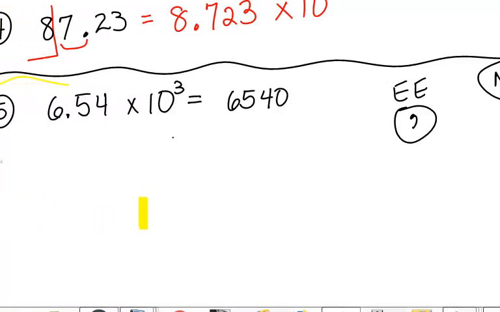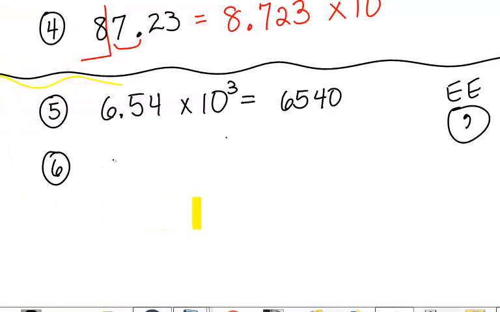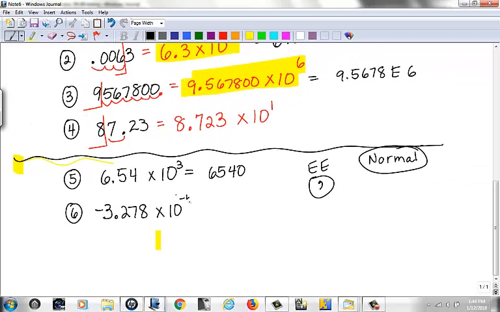So let's do another one. Let's do a negative 3.278 times 10 to the negative 5. Make sure you use the negative sign, not the minus sign.